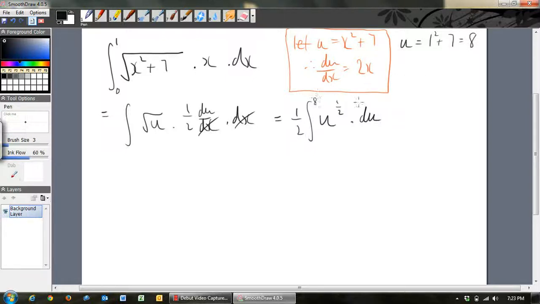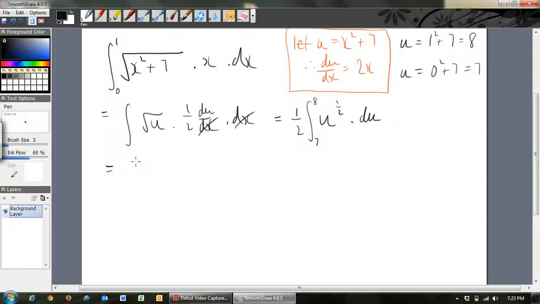And so up here we need to write 8. When x is equal to 0, u equals 0 squared plus 7, which is 7. And so we evaluate u from 8 to 7. We just put the appropriate u value there according to whatever x value is here, just by subbing it into this u expression.